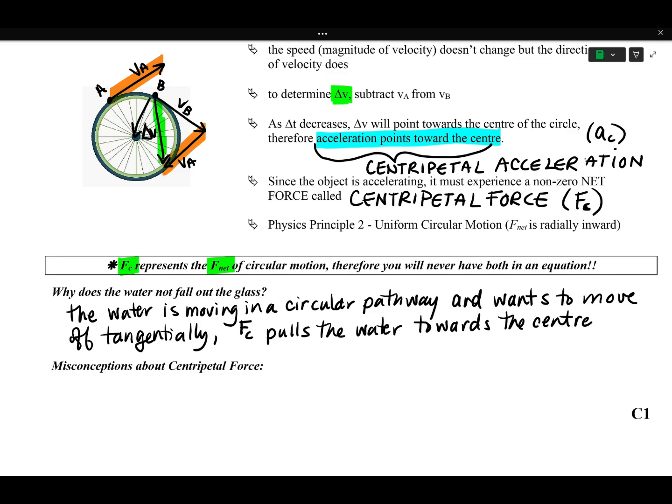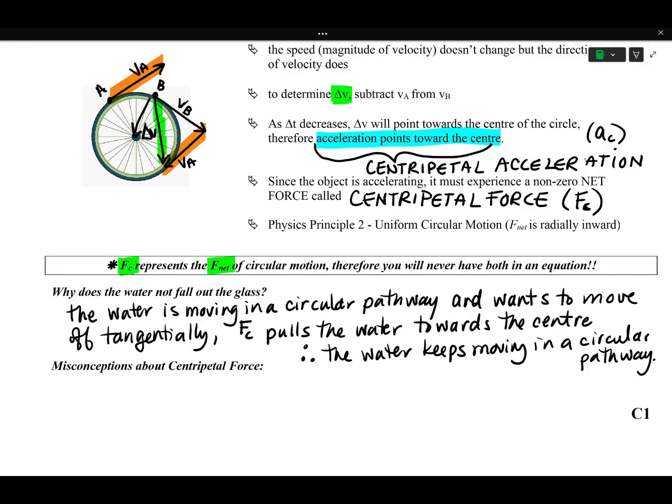Okay? And it pulls it towards the center, therefore the water keeps moving in a circular pathway. And that's an example of centripetal force.